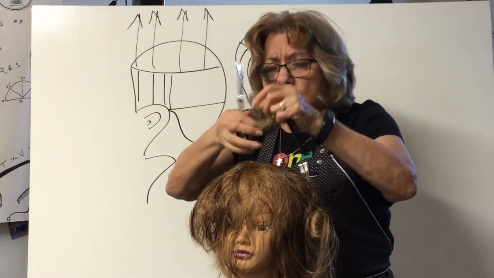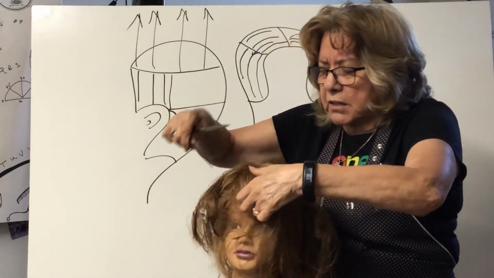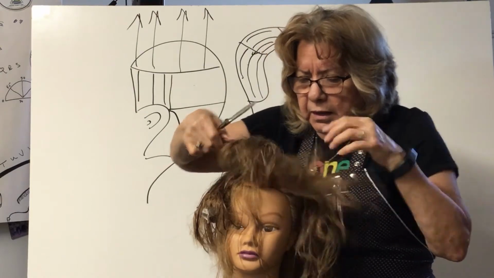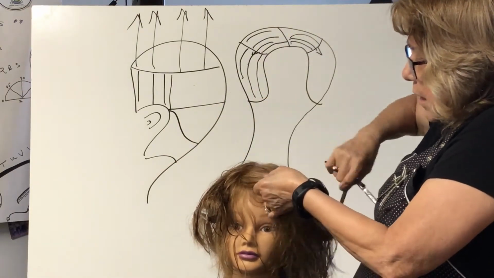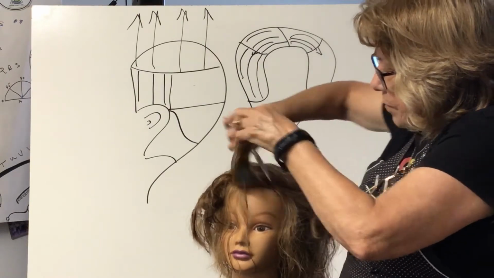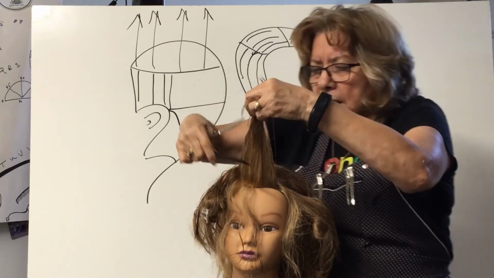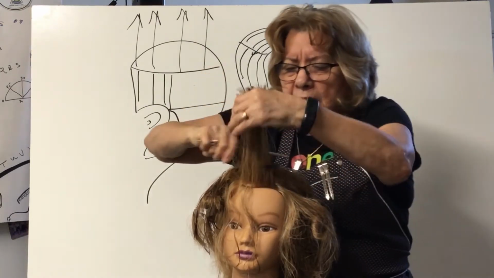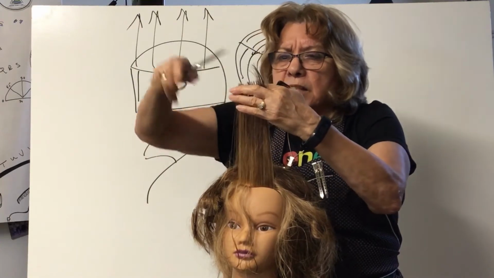Because now what we do, instead of pulling the hair off to the side, again, I want to take just a small section up front here, and all I do now is take a small section from the other side. And that's my guide. Don't have to worry about bending or moving it.